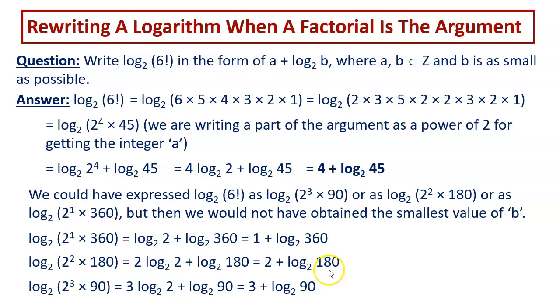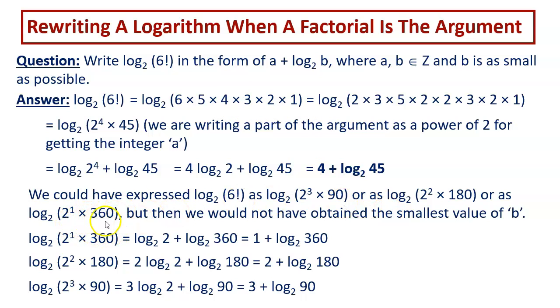Or else what you can do is, you can keep this 2 as a separate group. You can make a group out of this single 2, and you can take all the other numbers in the second group. It was 180, and you have to add one more 2 to it. So 180 times 2 is 360.